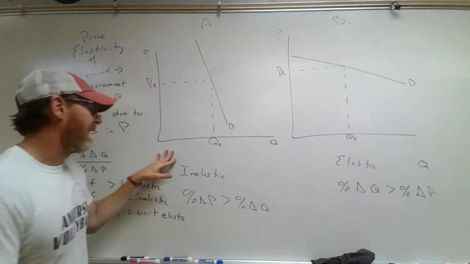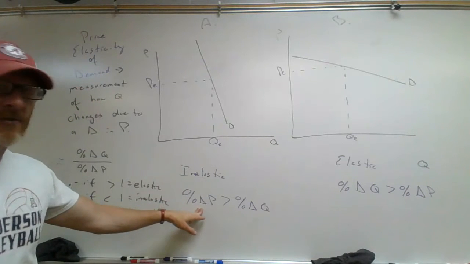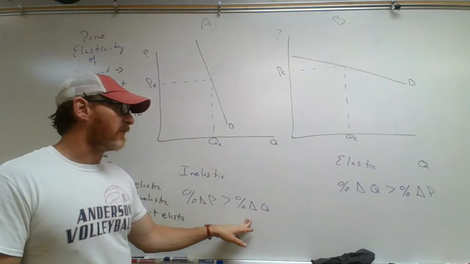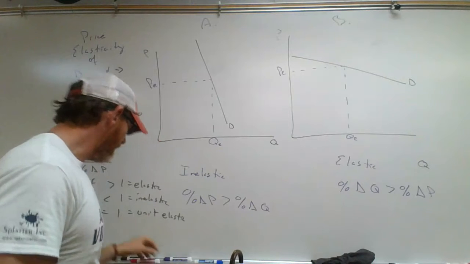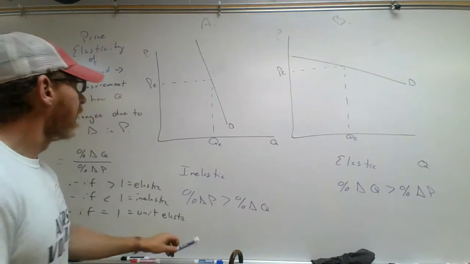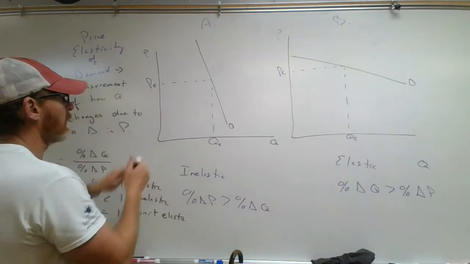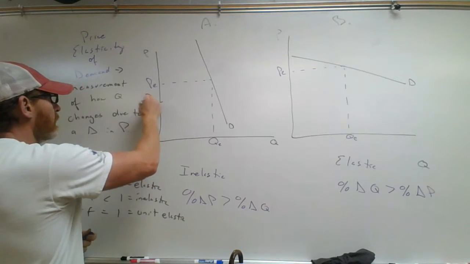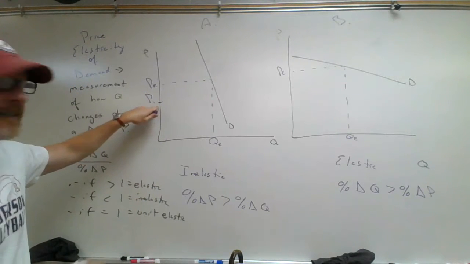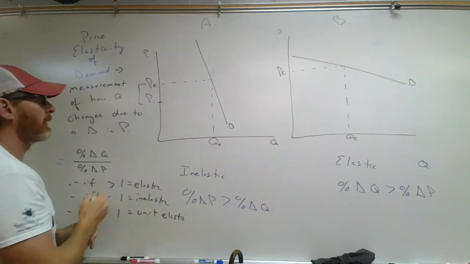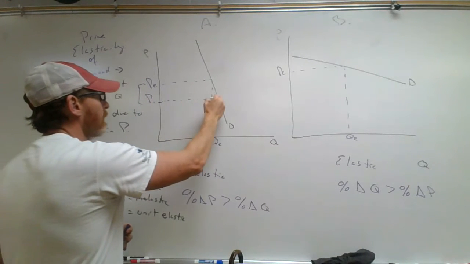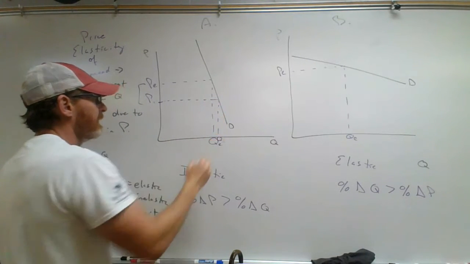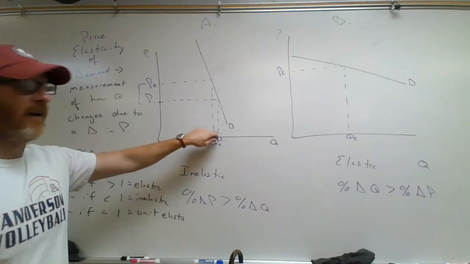Graph A is inelastic, which means the percent change in price is greater than the percent change in quantity. Let's look at what that means in general terms, okay? Here's our price equilibrium and here's our quantity equilibrium. We'll say the price goes down to P sub 1. That's a pretty decent sized change in price, but you can see when we go over to the demand curve, the change in quantity demanded is very small.